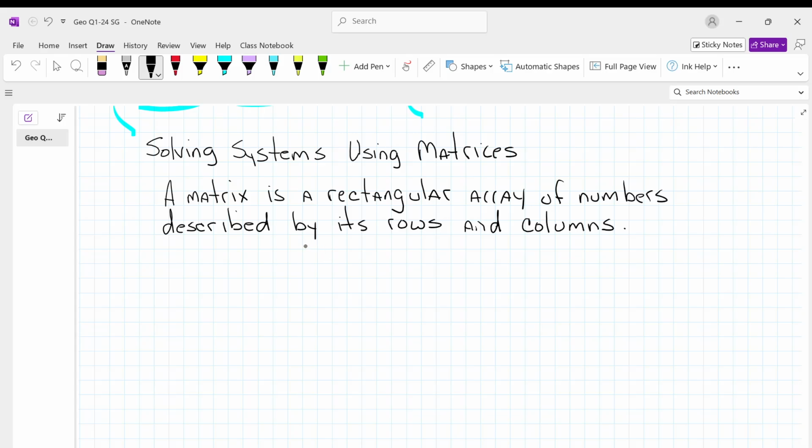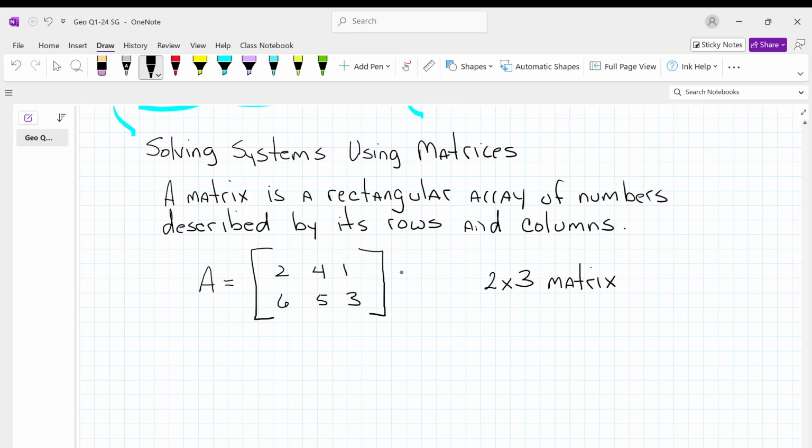So, for instance, we've got a matrix like this, which would be described as a 2 by 3 matrix.